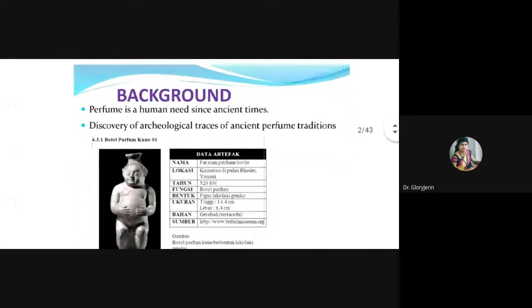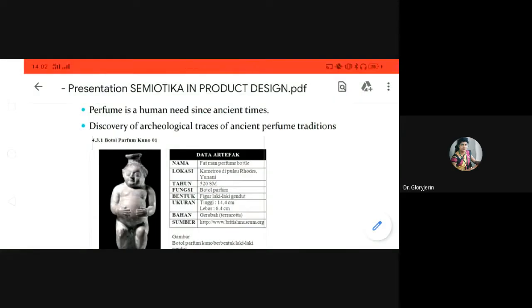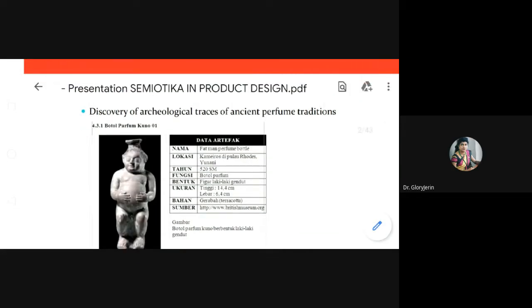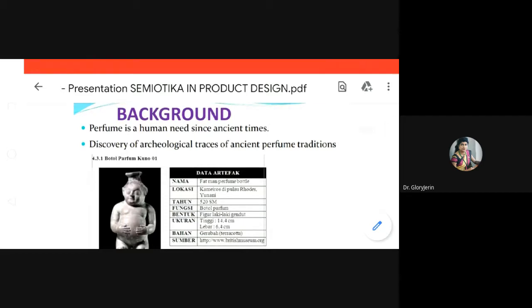All of us use perfume, and perfume has been used since ancient traditions. Perfume has been a human need since ancient times.